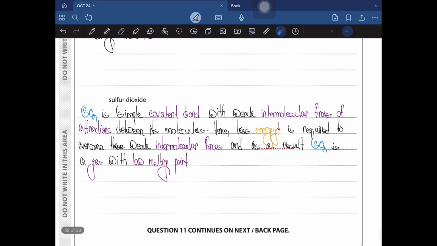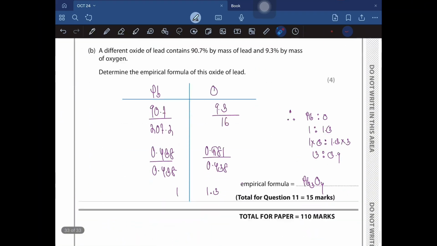For sulfur dioxide: simple covalent compound, weak intermolecular forces of attraction between the molecules, less energy is needed to overcome these weak intermolecular forces, and as a result sulfur dioxide is a gas at low melting temperature. Clear? So yeah, let's just move on.